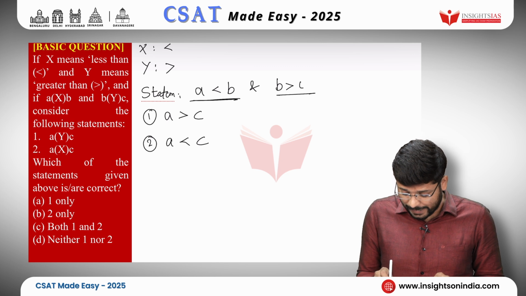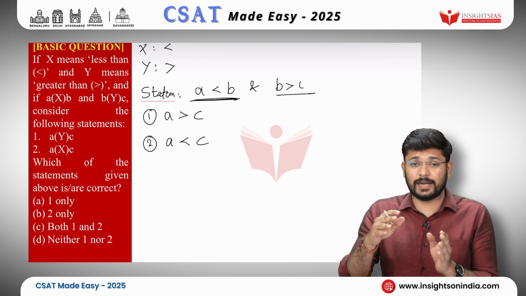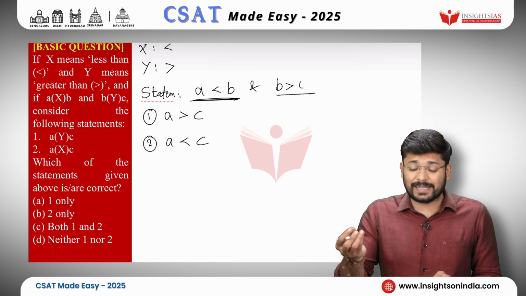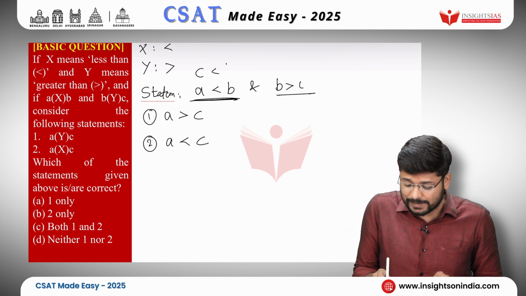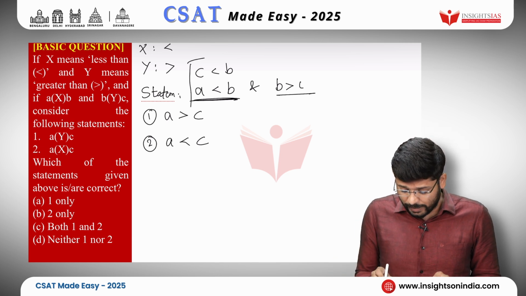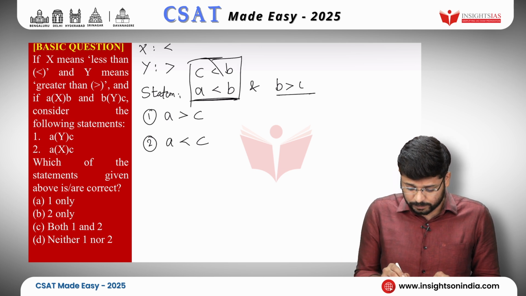What do I mean by that? A is less than B, it is an ascending order, right? It means A is less than B. So, B is greater than C, we can write it as C is less than B. Yes. So, now we have reduced the given values to this, okay.